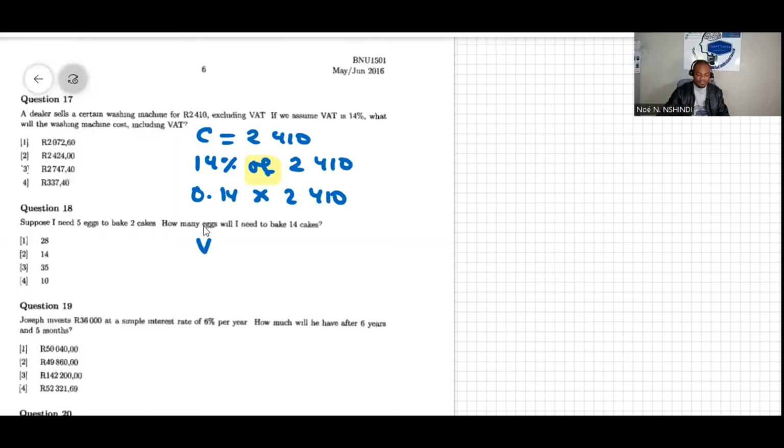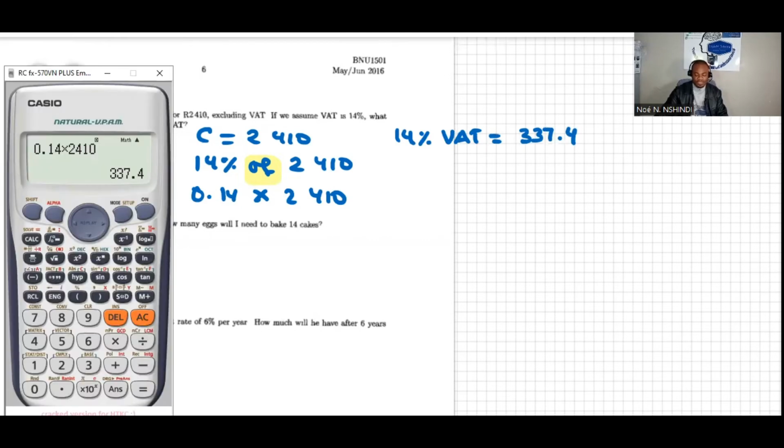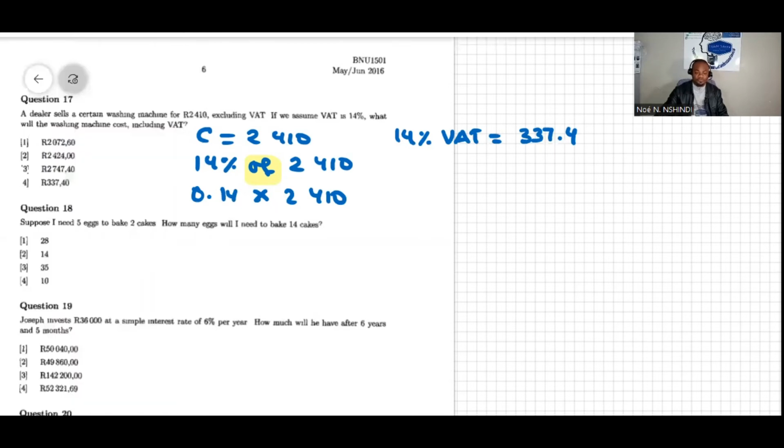So 14% VAT will be 337.4. That's the VAT. Now, including VAT, the final cost will include the VAT.